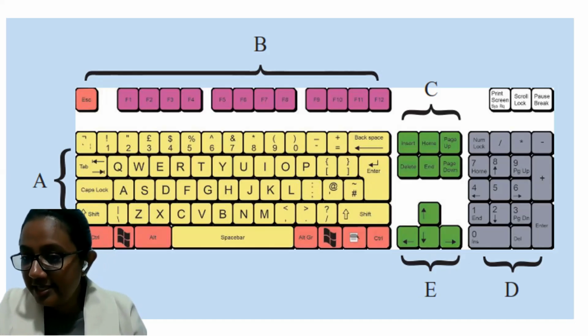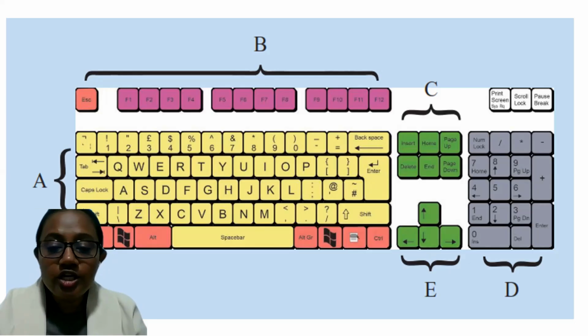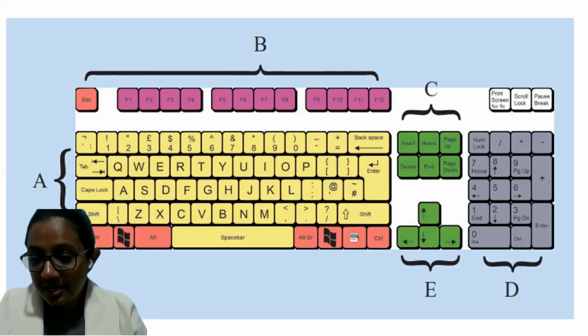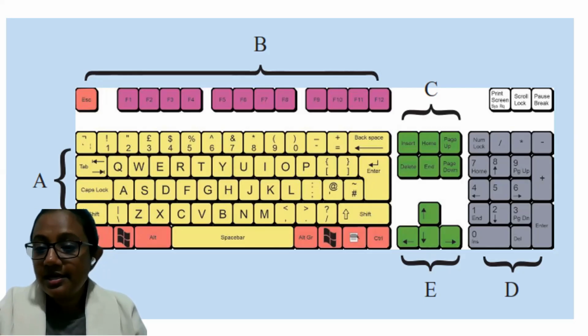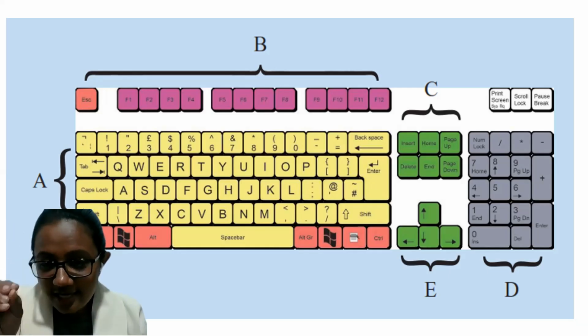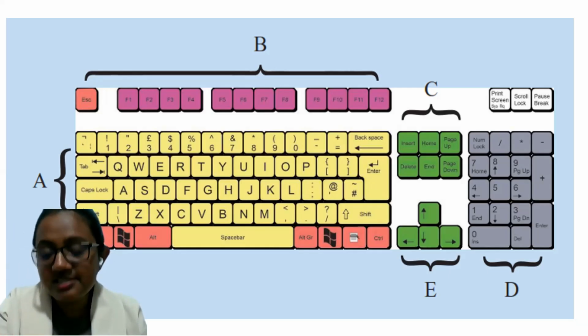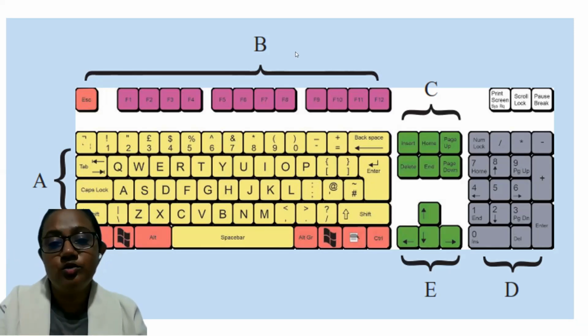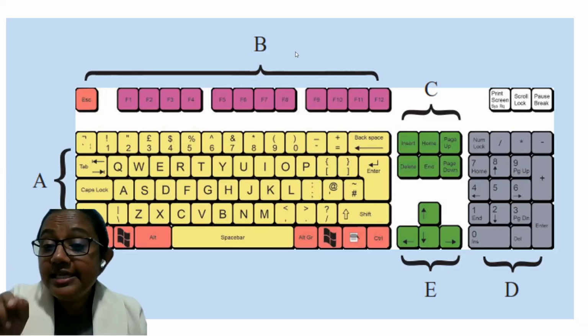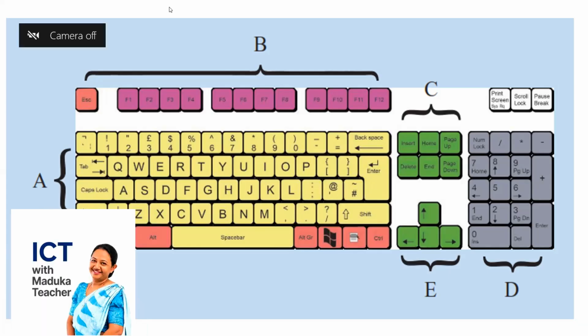Then highlight the Insert key on your screen. Then identify the Home button and highlight it. Okay. Identify the navigation keys and highlight them on your screen. Go through each key, right?